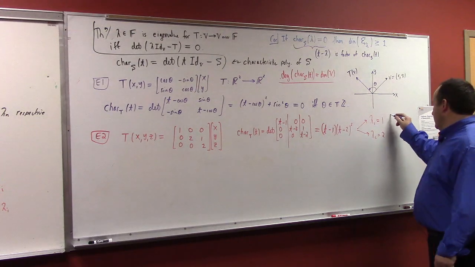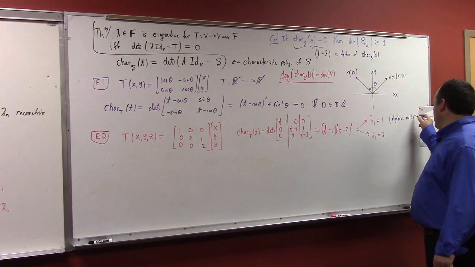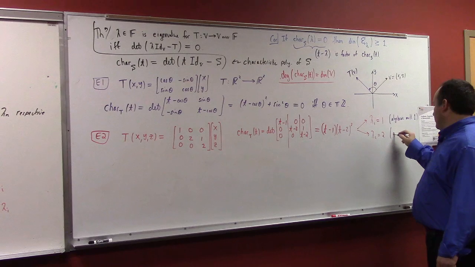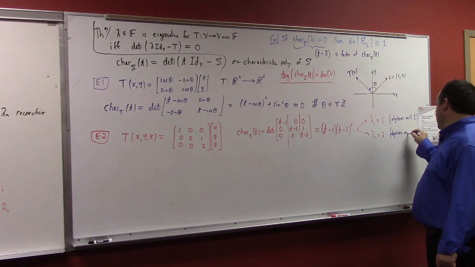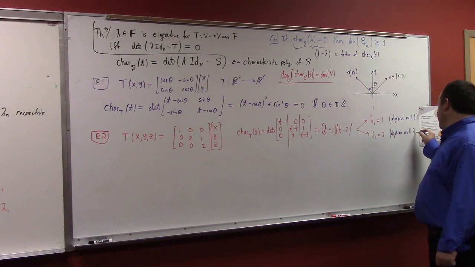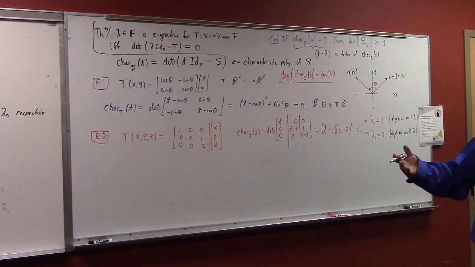So this has algebraic multiplicity 1. This has algebraic multiplicity 2. I couldn't even talk about multiplicity of eigenvalues in the previous example because there were no eigenvalues.